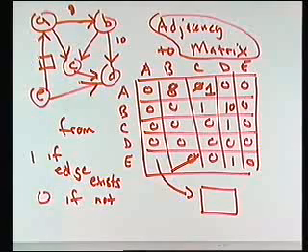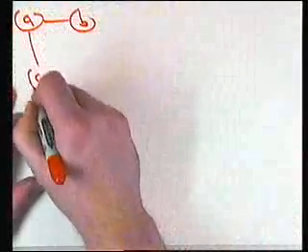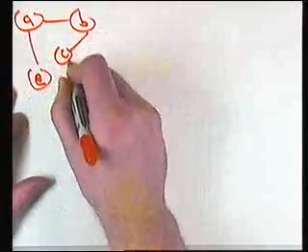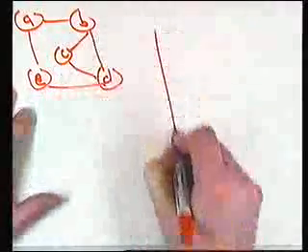Now there are a few interesting points to note here. Firstly, note that if this had been an undirected graph, which is what I had originally, and let me draw the original graph again. Here I had A, B, C, I'm sorry, that was E. Here I had C connected to B and D, and that was my original graph.